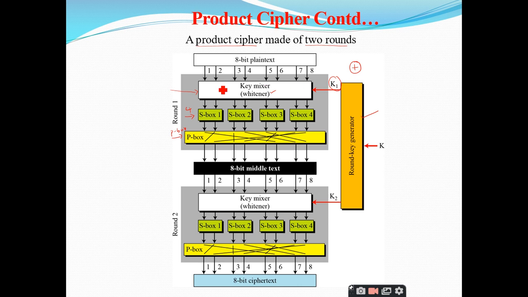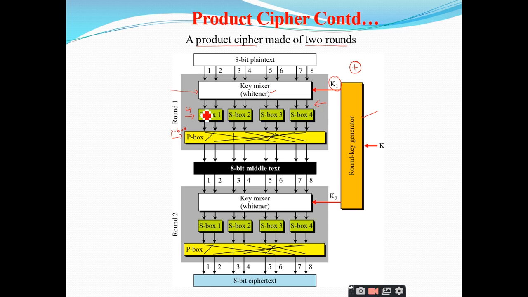So these 8 bits are XORed with this key K1. Whatever output we get is called whitening bits, right. If I give 8 bits of input, how many bits of output should I get here? Eight, right.